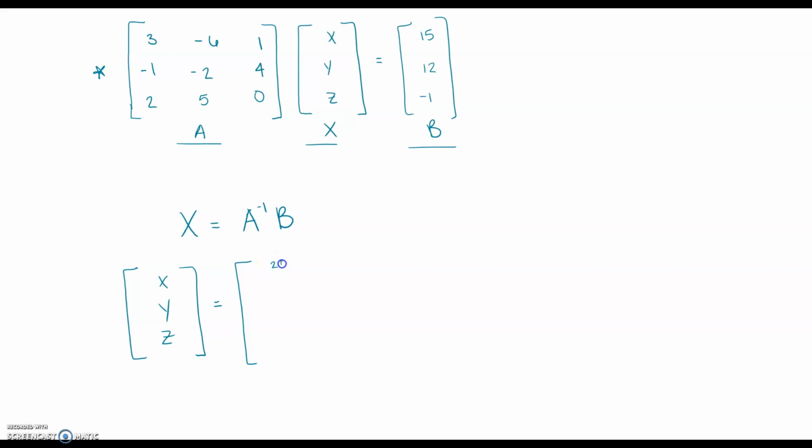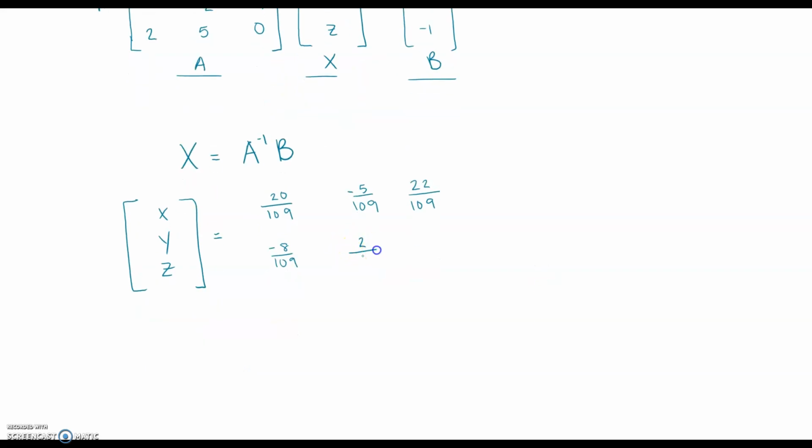So I got 20 over 109, -5 over 109, 22 over 109, -8 over 109.